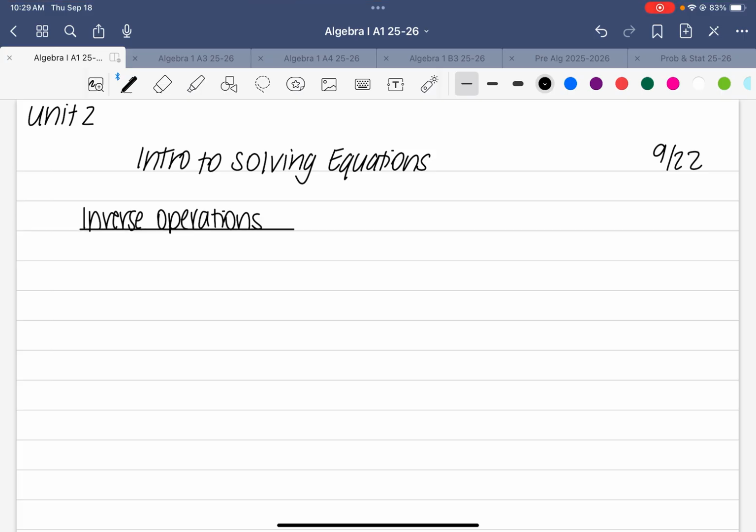okay? An inverse operation. If I'm doing multiplication, what operation undoes it? What undoes multiplication? Well, division. And then think, well, what undoes division? Multiplication.